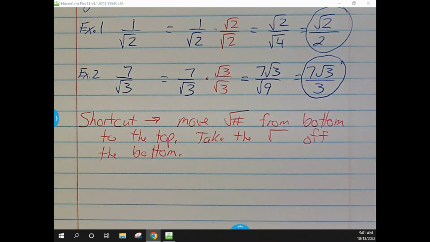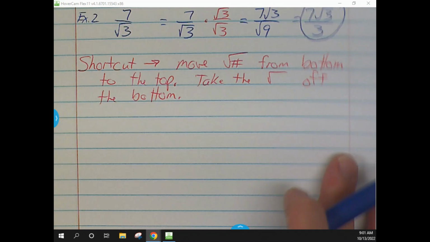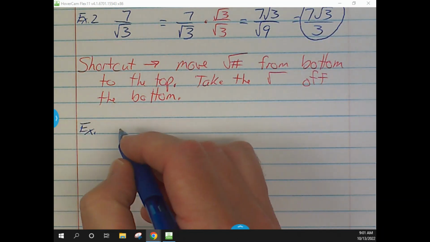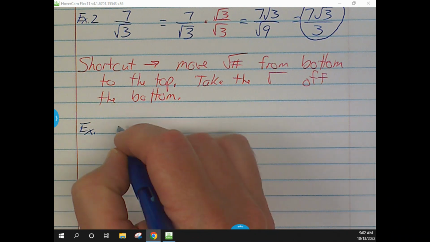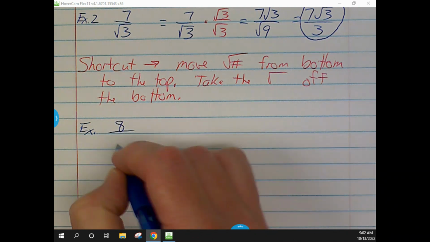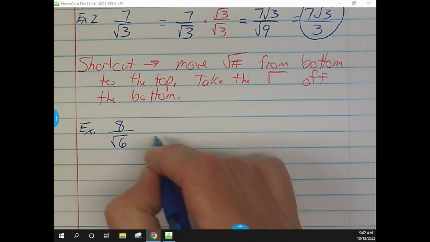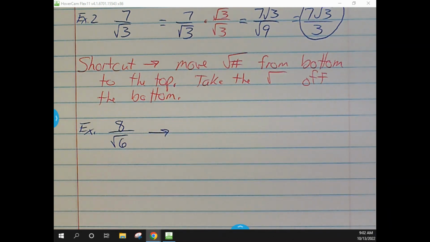So let's do one here with a shortcut. Let's say you were doing 8 over the square root of 6. Okay, so without doing all the steps, we can do the shortcut.